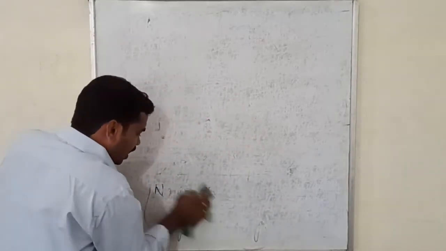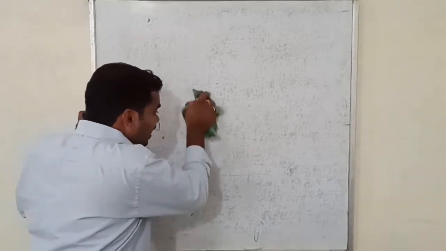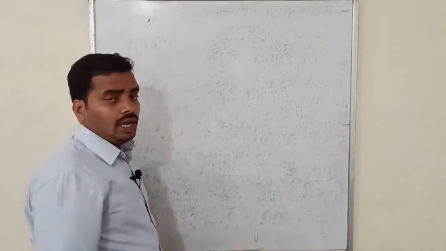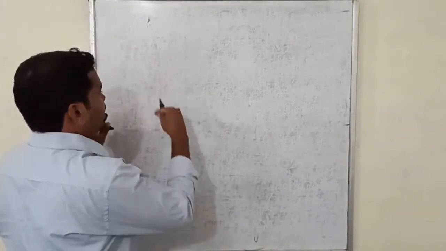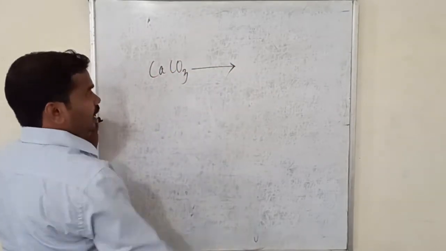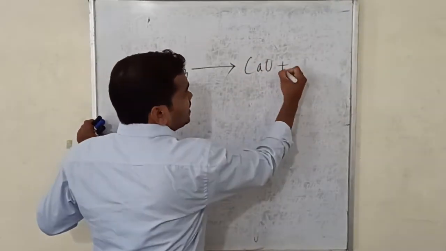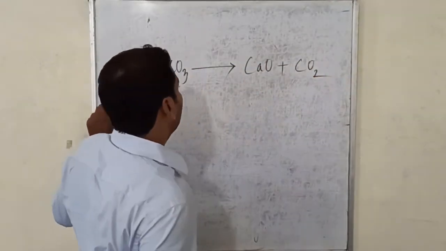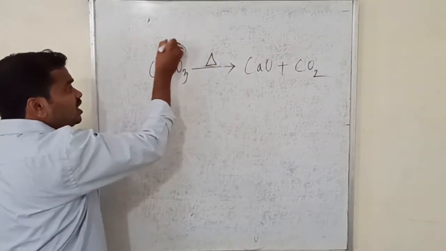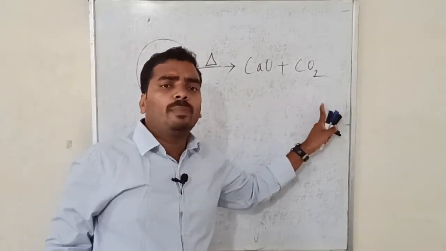One of those decomposition reactions, thermal decomposition, I am going to say you, by providing heat energy, you will decompose a compound into different compounds. See, if you see CaCO3, calcium carbonate, it will be broken down into calcium oxide, at the same time carbon dioxide. By providing heat energy, you are decomposing calcium carbonate into calcium oxide and carbon dioxide.